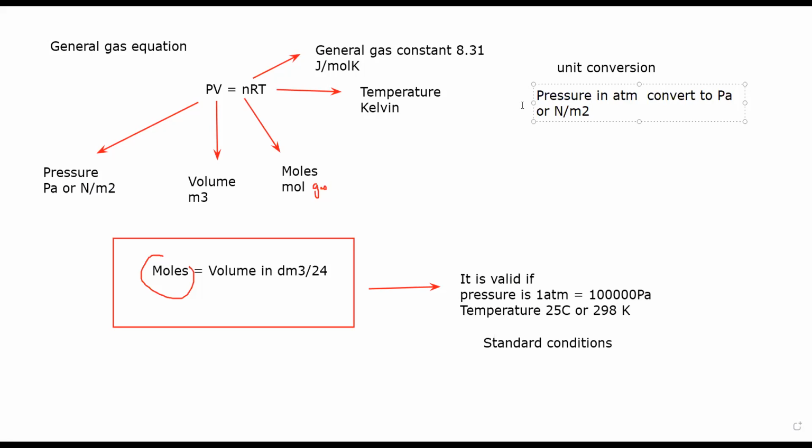If you want to convert the pressure from atmosphere into Pascal or Newton per meter square, we multiply by 100,000. And the temperature is in degrees centigrade.